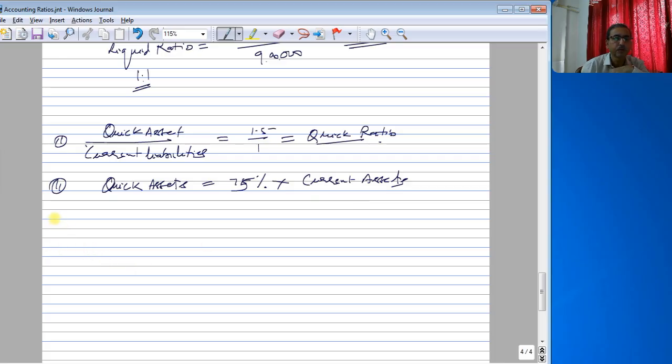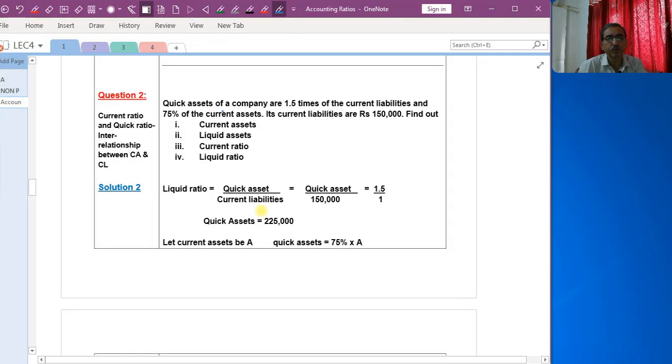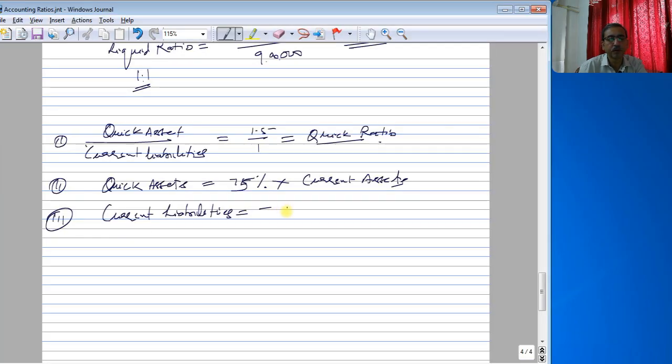And the third information given to us is current liabilities, which are rupees 1,50,000.